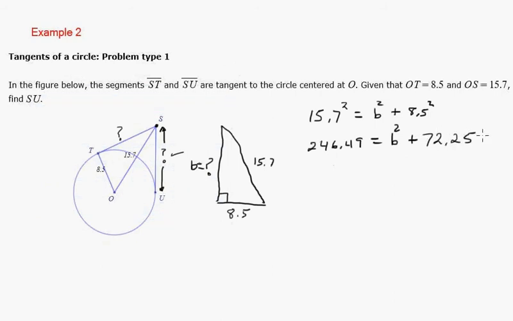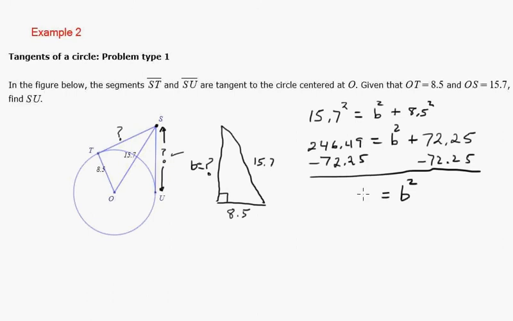Now I just subtract 72.25 from both sides, and I get b squared.